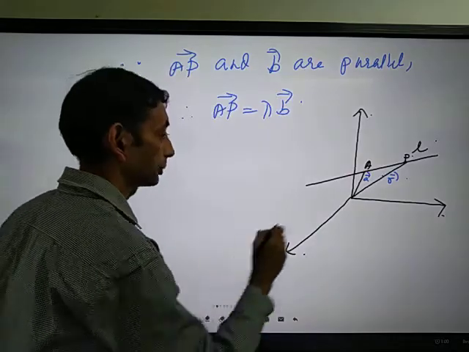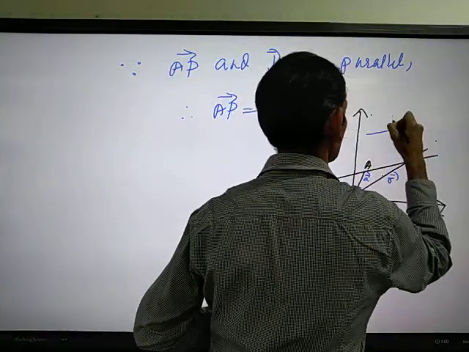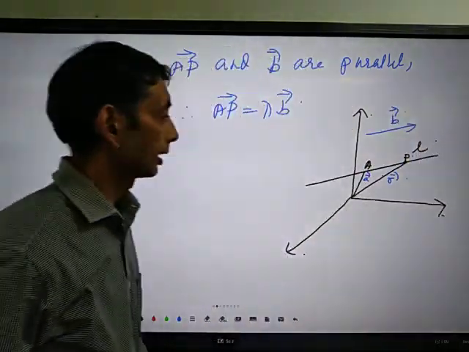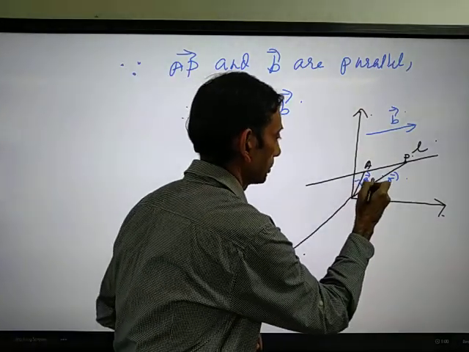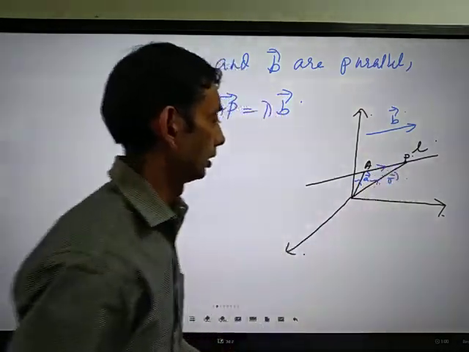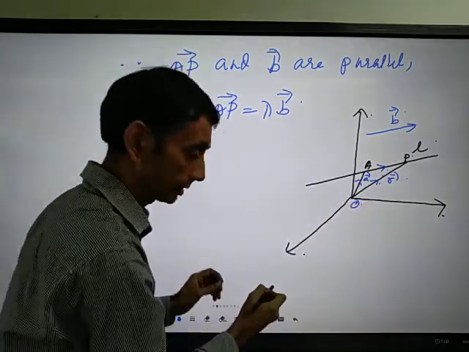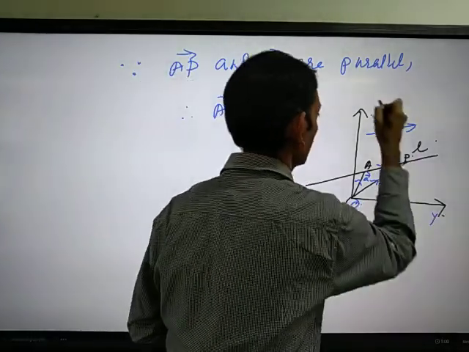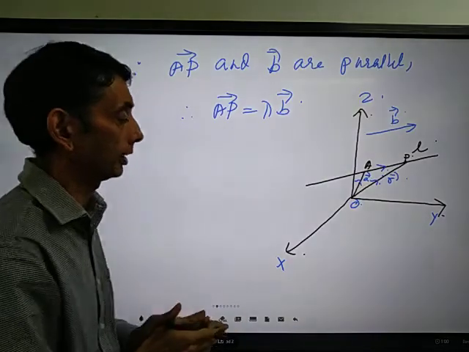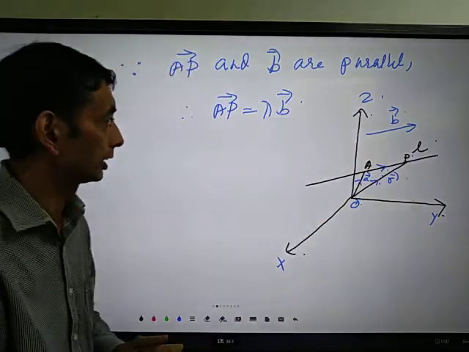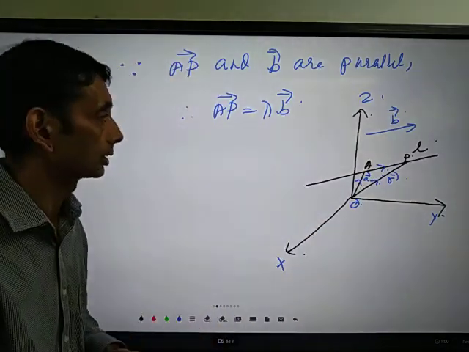And we have taken the parallel vector as vector b. This is AP, this is OP, and this is the origin, and this is X, Y, Z.